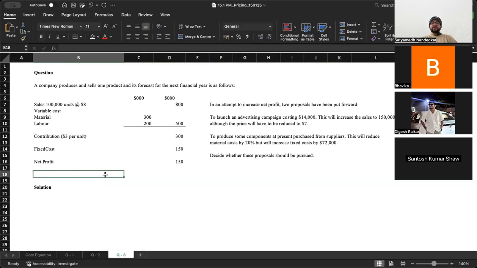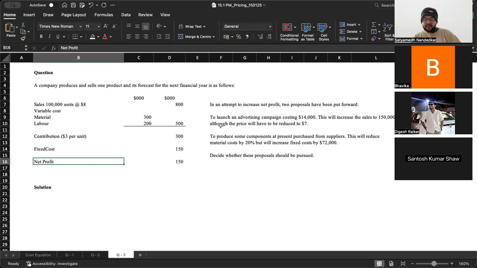ठीक है, a company produces and sells one product and its forecast for the next financial year is as follows. Sales 1 lakh units at the rate of 8 per unit is 800. Variable cost, material and labor, you have contribution, fixed cost, net profit. In an attempt to increase net profit, two proposals have been put forward.